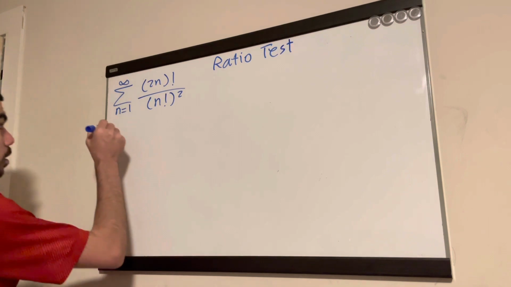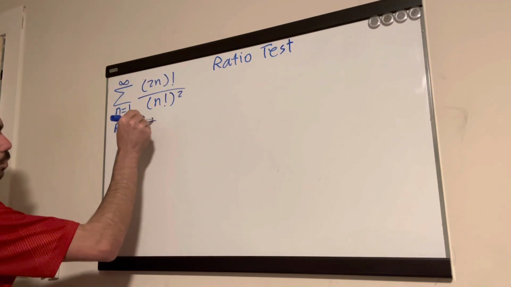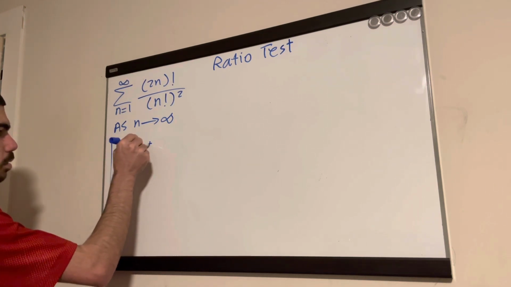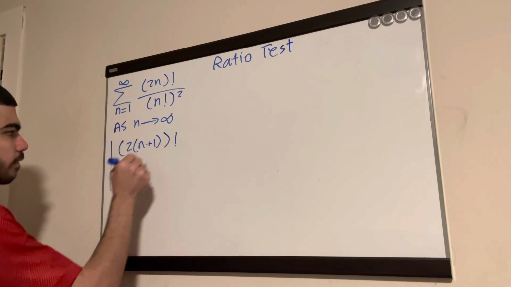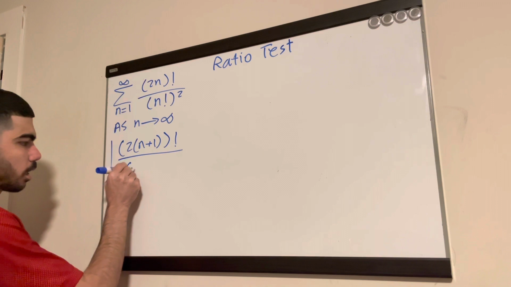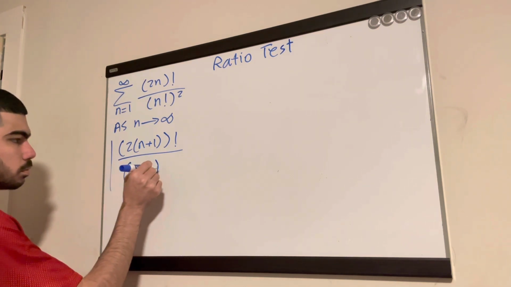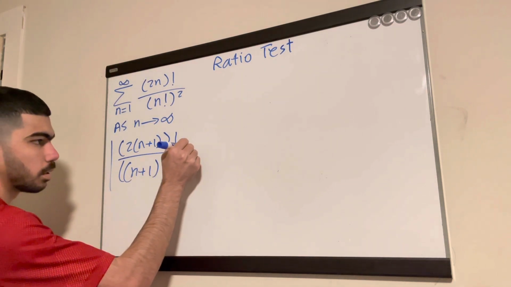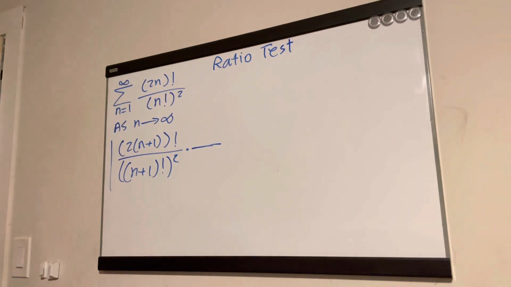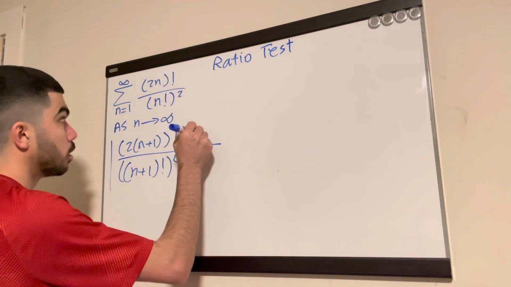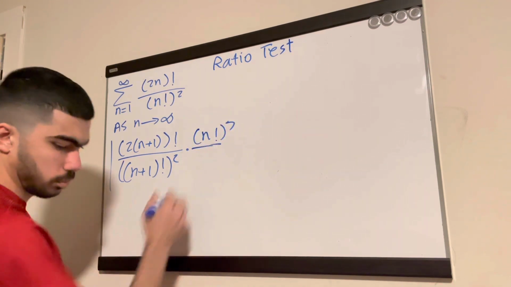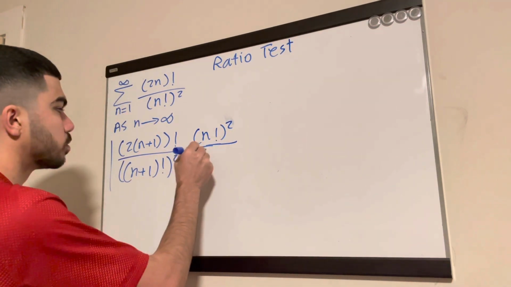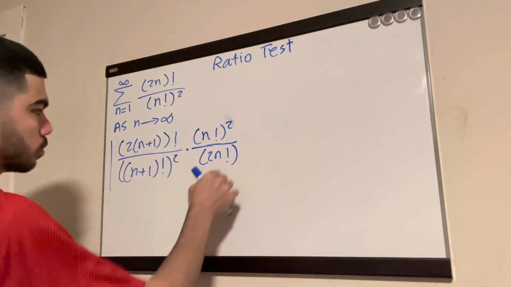So again, we're going to start with the limit as n approaches infinity of the absolute value of (2(n plus 1))! over ((n plus 1)!) squared, times the reciprocal of the original, which is (n!) squared over (2n)!.